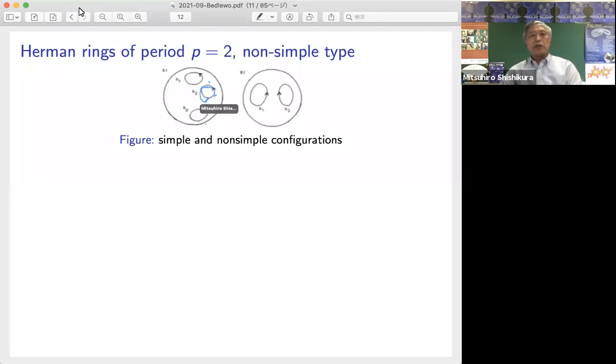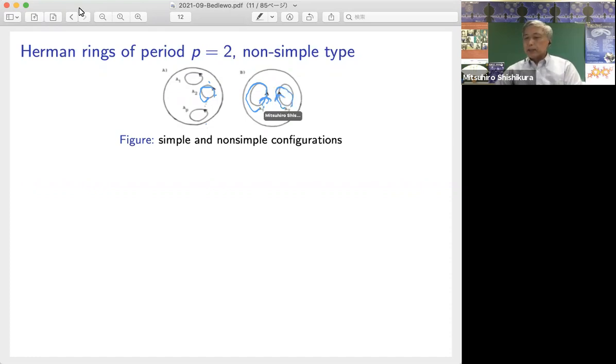I thought this was the only type, but actually there's another type, even for period 2, in the sense that if you orient in an invariant way, for this one the other one is on the right-hand side, but for this one the other one is on the left-hand side.